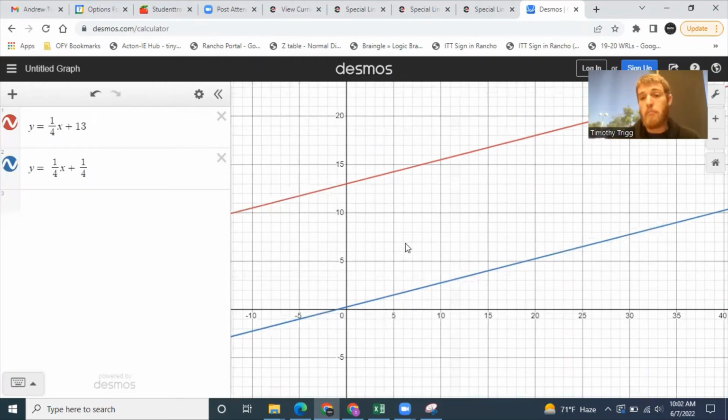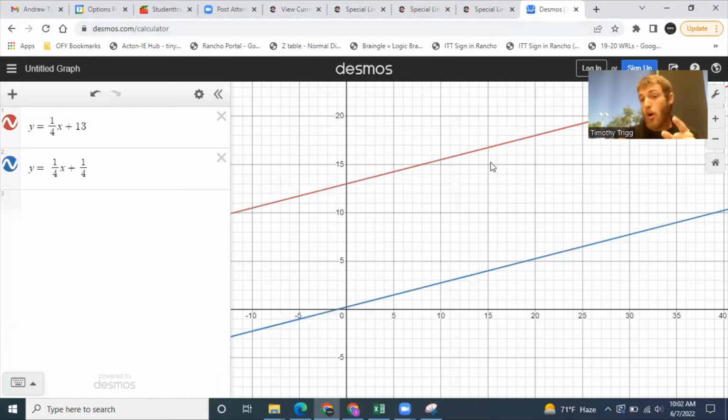Well, we know that they're both perpendicular to FG from the problem, but notice these two lines, aren't these parallel to each other? So these are parallel to each other, and you can tell because they have the same slope. You can see they both have a slope of 1/4 in this case, which tells us these are parallel to each other.